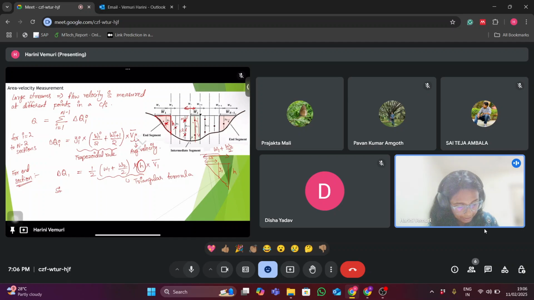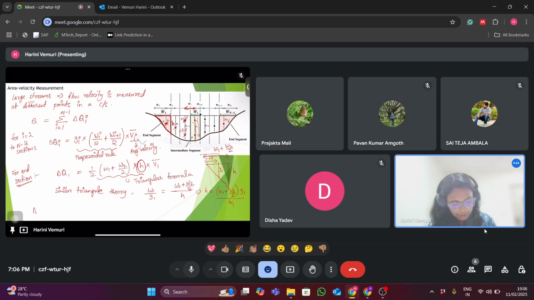From the similar triangle formula, W1 by Y1 equals... which simplifies to H equal to... Okay.